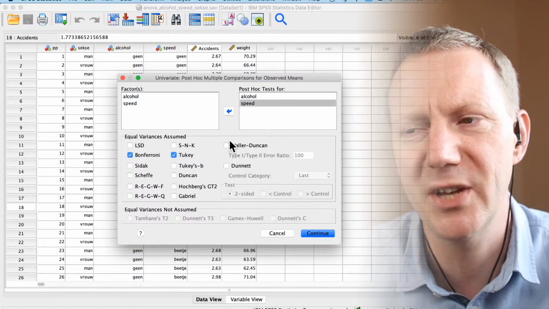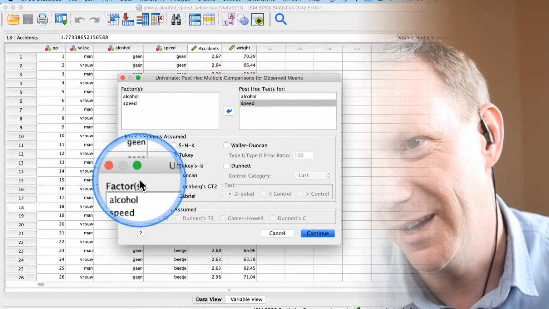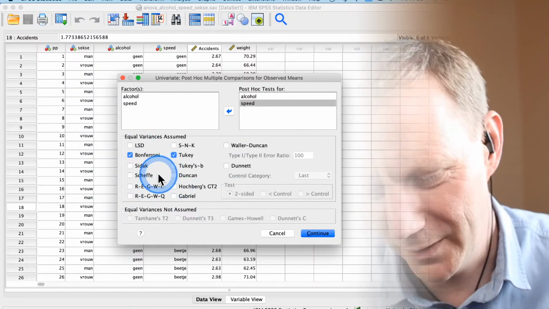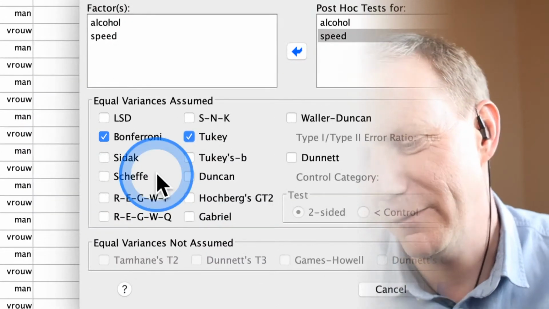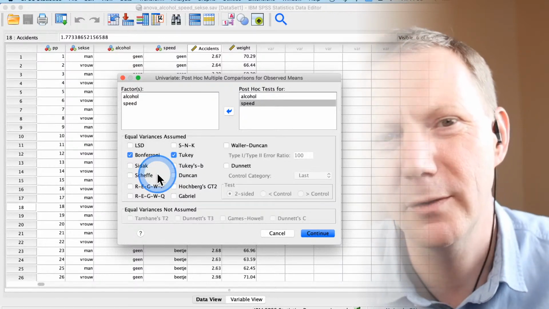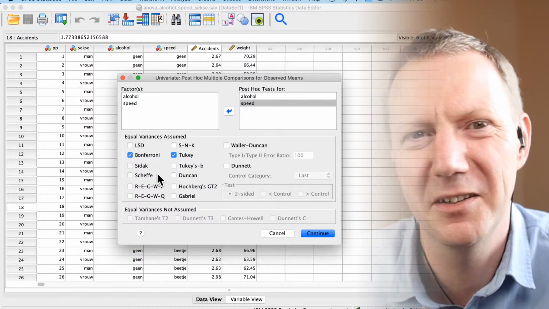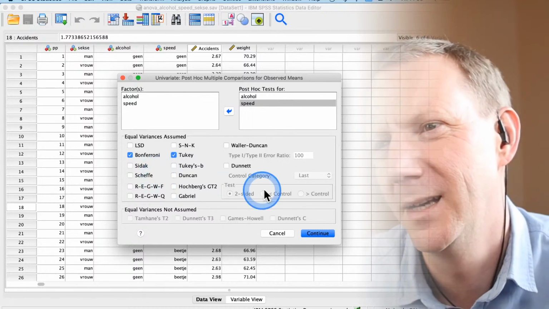So some journals absolutely swear by doing one of these, for example, the Scheffe contrast. So if the journal wants the Scheffe contrast, then we'll be doing the Scheffe contrast. That's also a practicality that comes into consideration here.